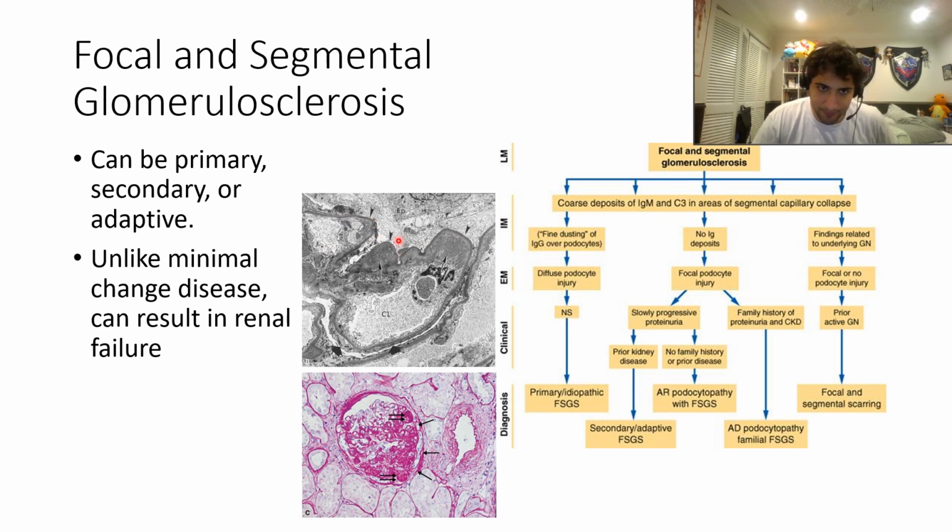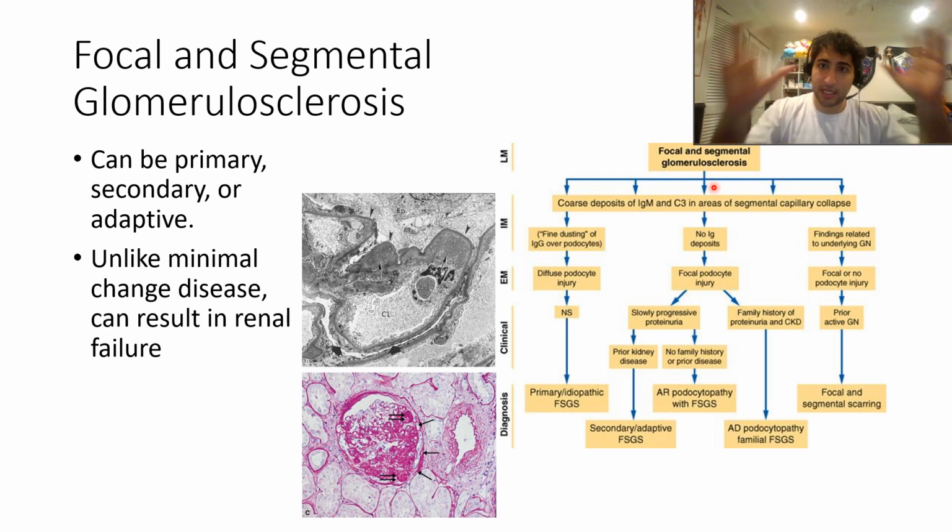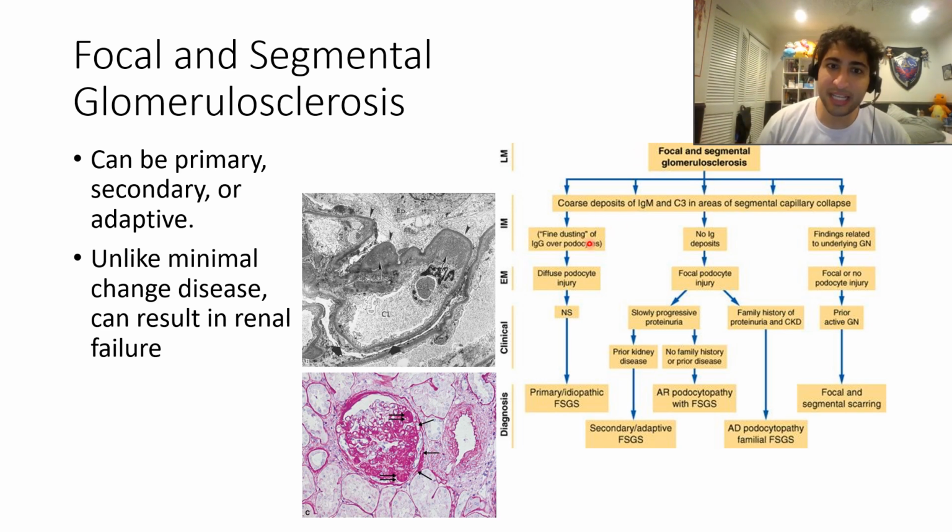All right. So you see these coarse deposits of IgM and C3 if you do an immunofluorescence stain. Now, you're going to stain, and you're going to see a couple things. If you see a fine dusting of IgG over the podocytes in this diffuse podocyte injury, that's a primary process. That's direct immune damage to the podocyte.